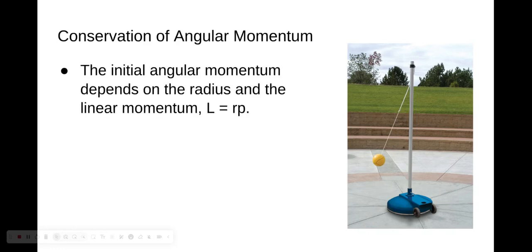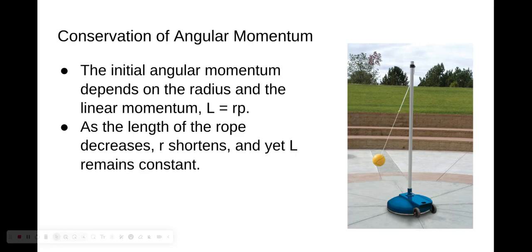If that angular momentum is constant, and if it depends on the radius times the linear momentum that you struck it with, then as the radius shortens, but the angular momentum stays constant, that means the linear momentum must be increasing.